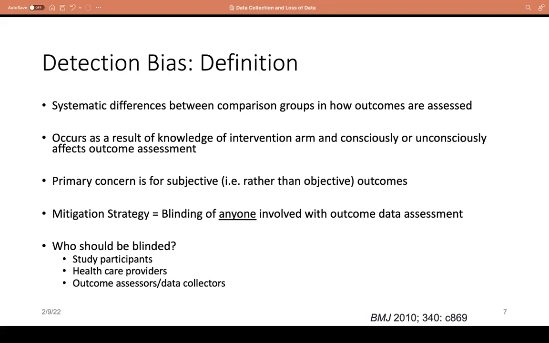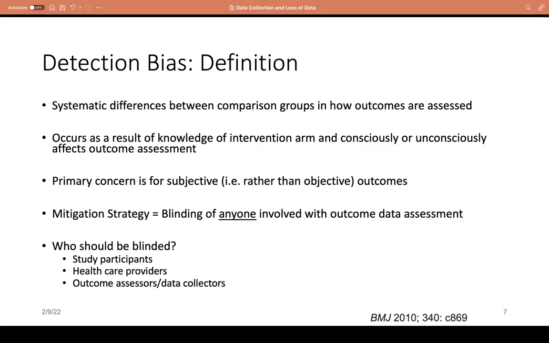The primary concern in detection bias is with respect to subjective outcomes rather than objective outcomes. Subjective outcomes are things where the assessor is making a judgment call regarding whether or not someone had the event, and patient-reported outcomes are also typically subjective outcomes. These are susceptible to detection bias.